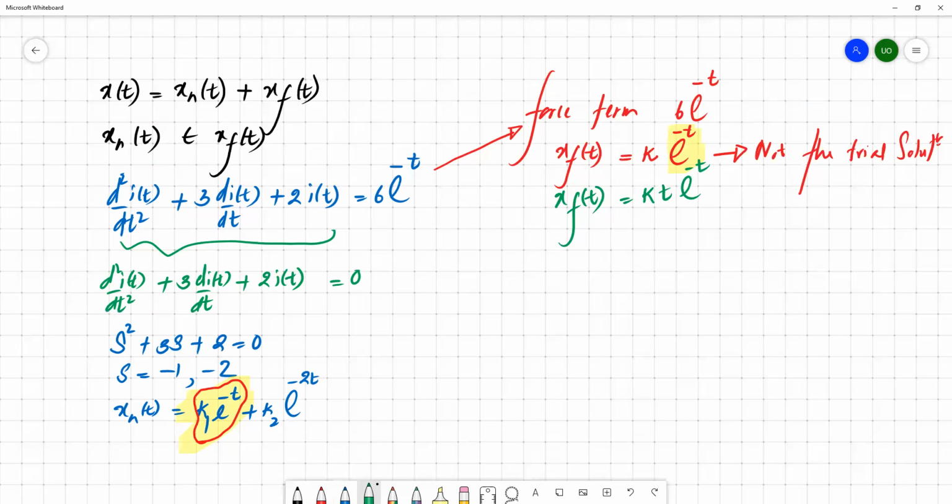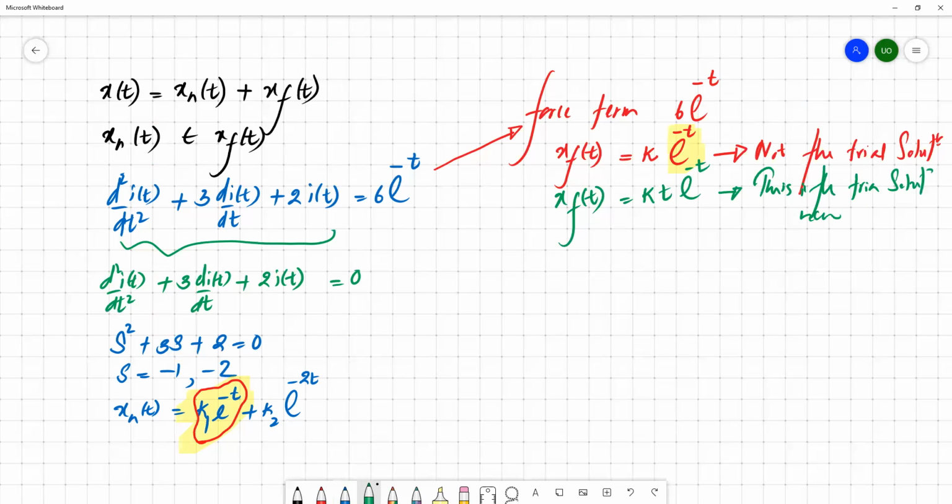If not, you can take it as the trial solution. For this particular scenario, it's not, so this is the trial solution now, not the earlier one.